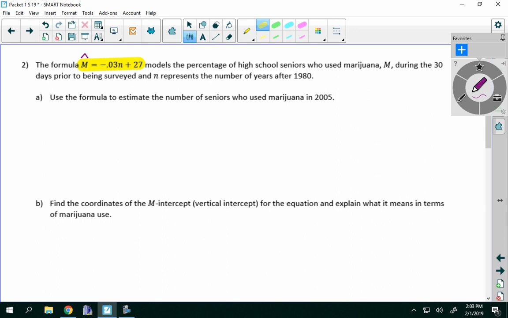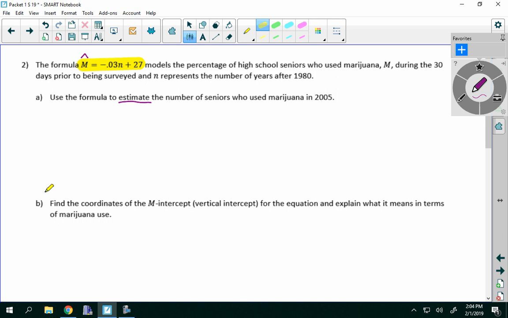Okay, so let's take a look at the first problem here, A. Use the formula to estimate, again, see that we're estimating, the number of seniors who used marijuana in 2005. Okay, so we don't have any bar graphs or pictures to look at. We just have our formula or our model here.